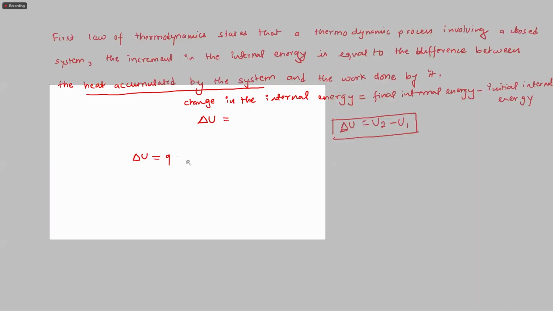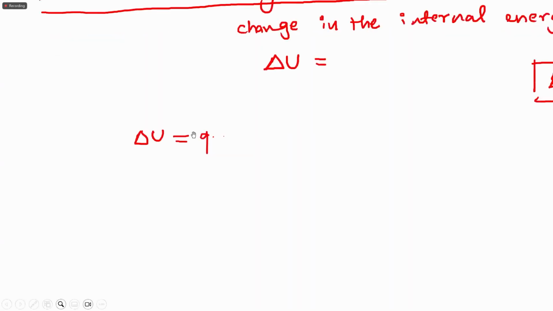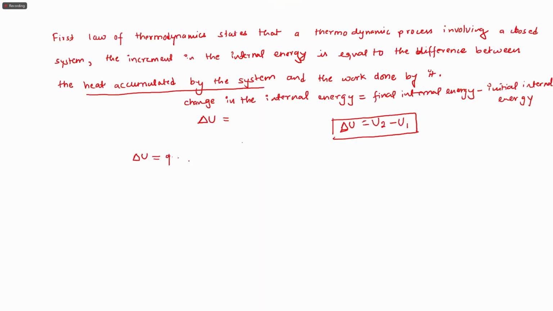So the change in internal energy is equal to the heat supplied to the system minus the work done by the system.